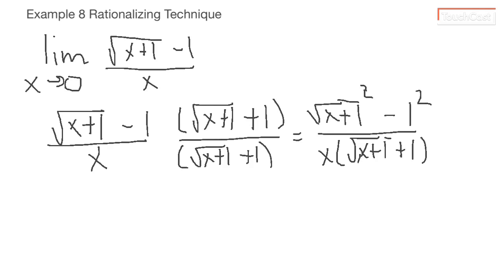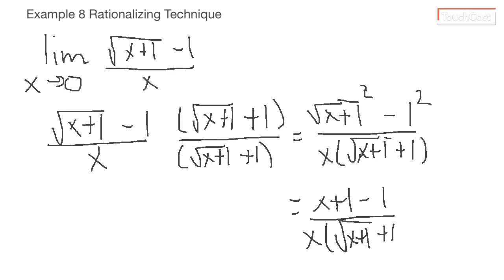We might have something fancy that happens shortly. When we square a square root, they undo each other. So in our numerator, we're going to be left with x plus 1, and then 1 squared is 1, minus 1, over x times the square root of x plus 1 plus 1.